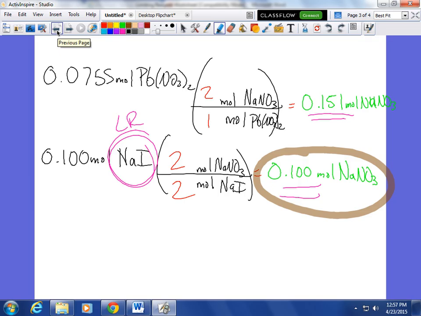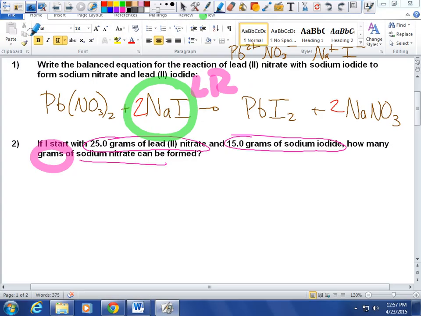No, y'all. We're still on number 1, guys. No, it's not. Listen. Question 1 says, if I start with 25 grams of lead-2 nitrate and 15 grams of sodium iodide, how many grams of sodium nitrate will be formed? Yeah, this is all one problem.